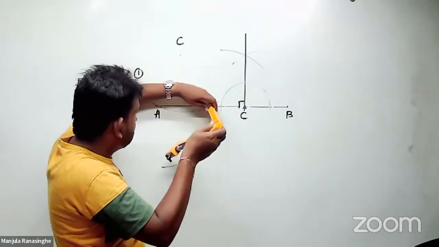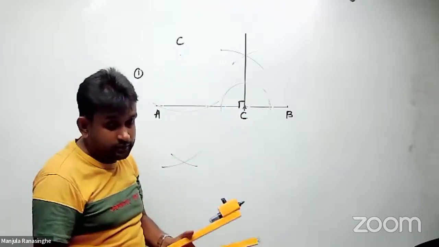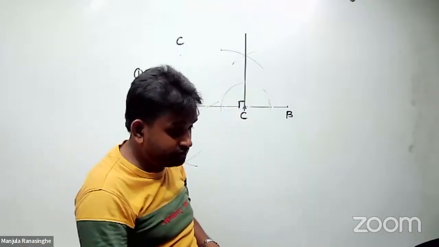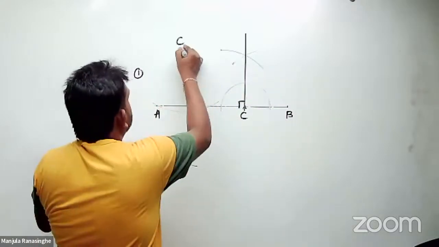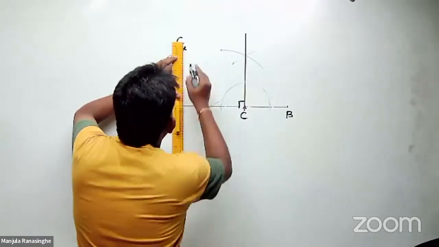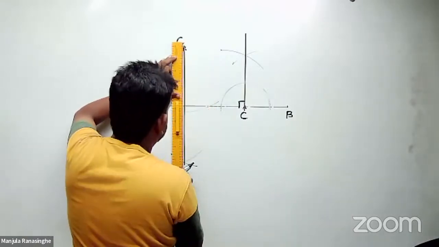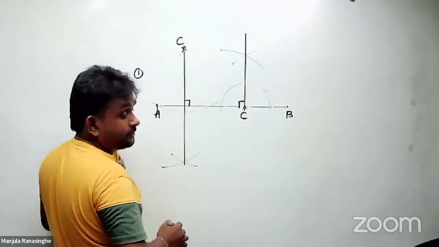And here you make an arc. Okay. Now you can connect these points, with the point here. Then that is 90 degrees to the AB line.